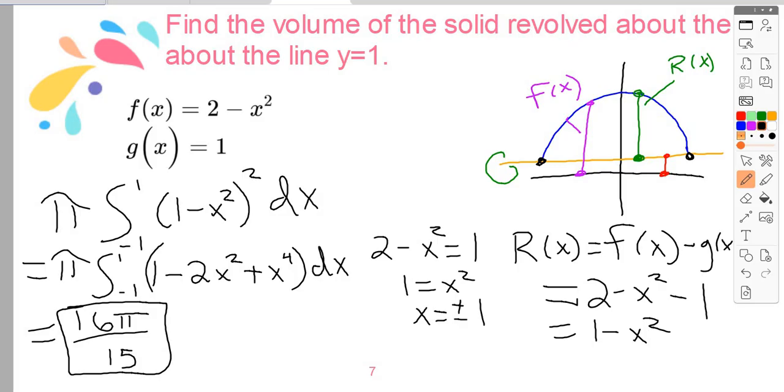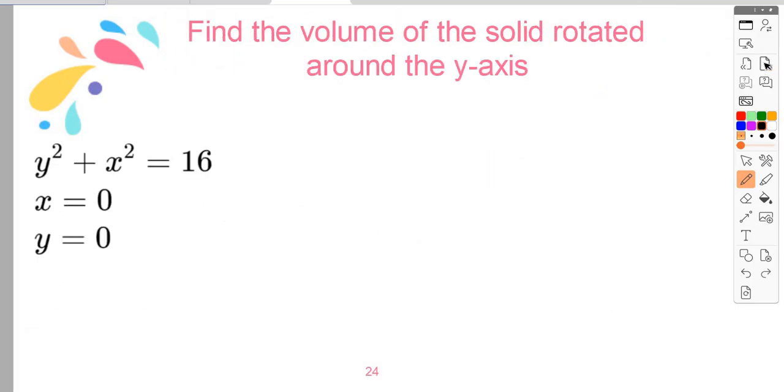Yes, no, maybe? Ready for one last one? This one is about our y-axis. So really the only thing that changes is that we need an equation with y in it this time.